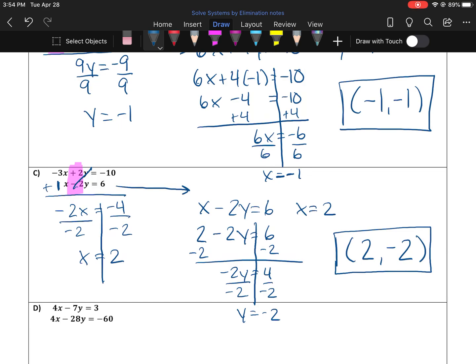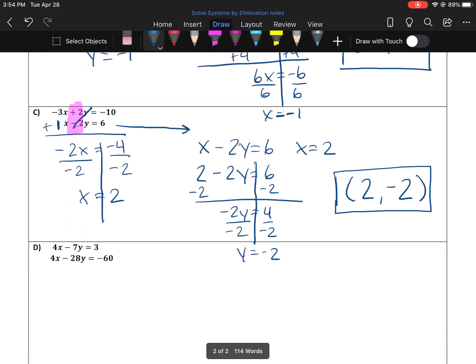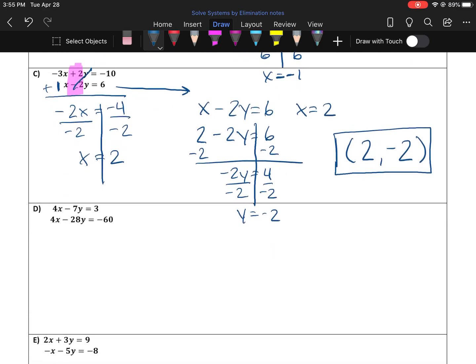Last example that I want to show you guys, just so that way you've seen it. Notice I have 4 and 4, don't have opposite signs. -7 and -28, not even close. What we can do is sometimes we need to multiply through by a number.